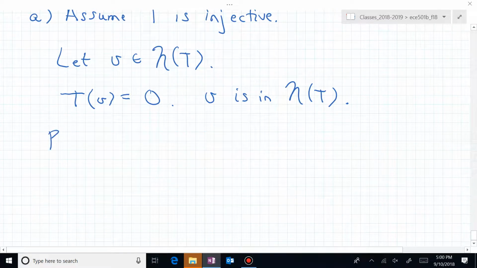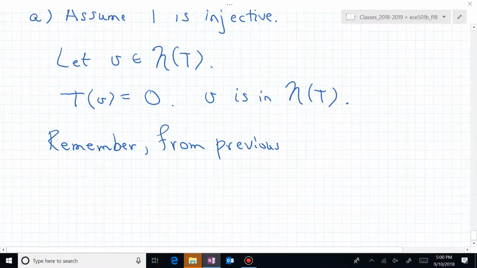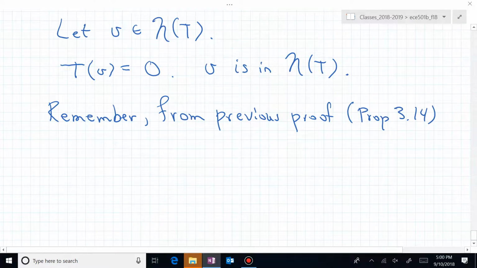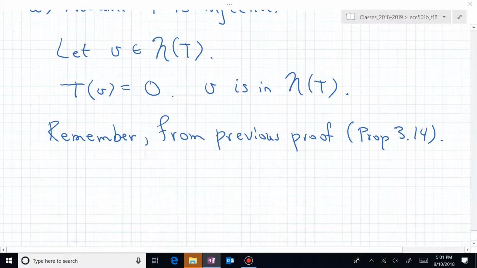And now we can remember what we learned in a previous proof, where we were proving proposition 3.14. That was concerned with the null space being a subspace. And the very first property of something being a subspace is that it has to contain the 0 vector. So we know that the 0 vector belongs to the null space of T. So let's use that.